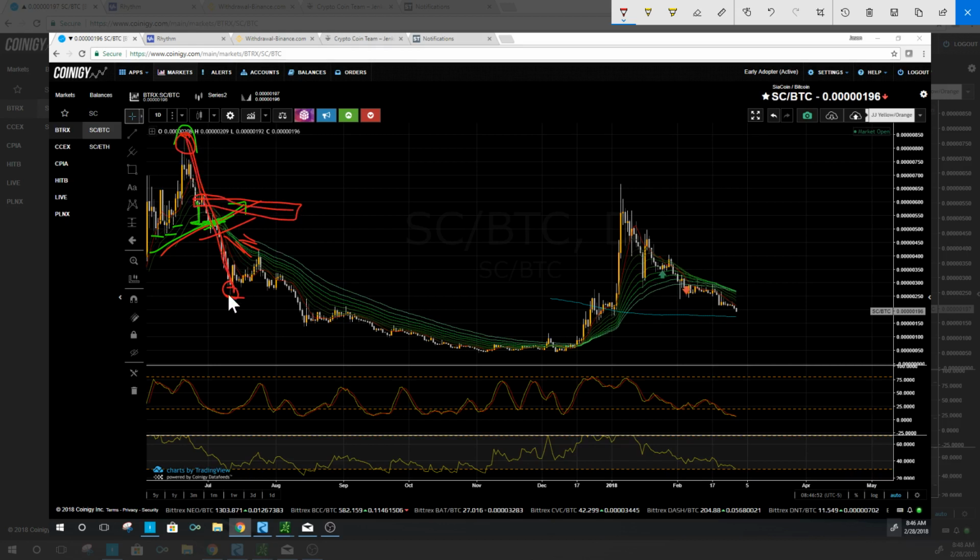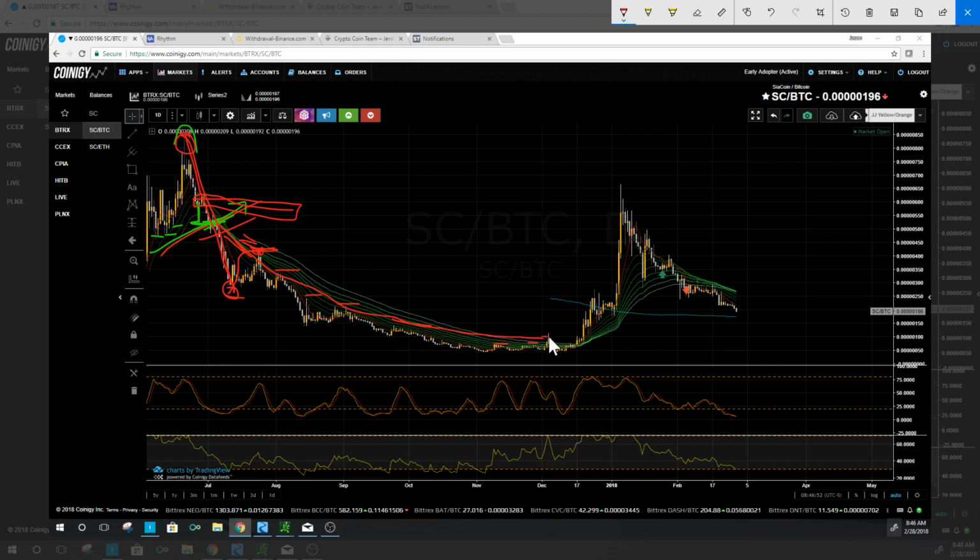The market only could bounce to here, and then you got another subsequent lower high, and it's just been lower highs ever since.